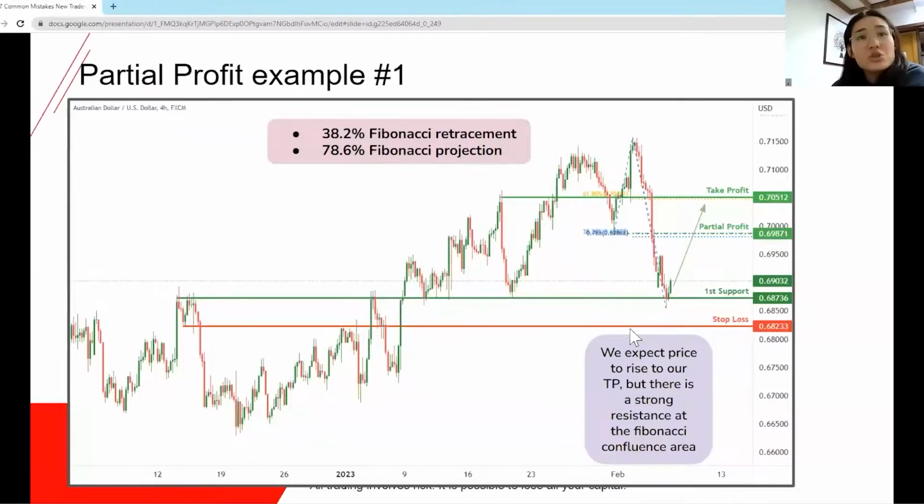But if we look at our partial profit, how we chose it is basically at our swing low here, and it's to hit towards a couple of Fibonacci confluence levels.